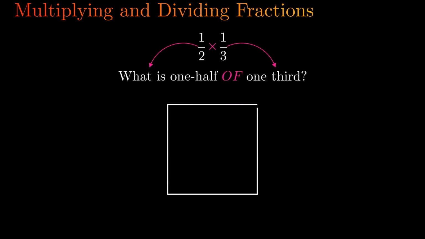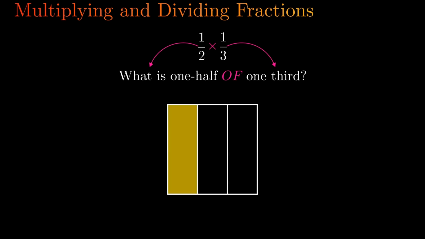Here's a square representing one whole. First, we slice it into thirds and highlight the yellow strip, which is our 1/3. Then, the question asks for 1/2 of that third. So we cut the whole shape in half horizontally and shade the top part blue.